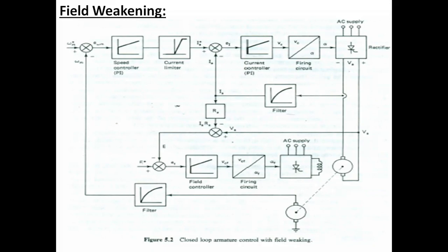Now the reference speed omega m star is set for a speed above the base speed, a positive error is produced, and the current reference IA star is set for high values.